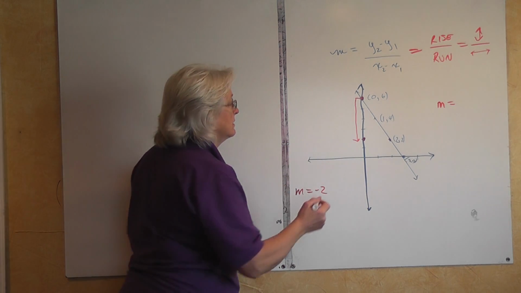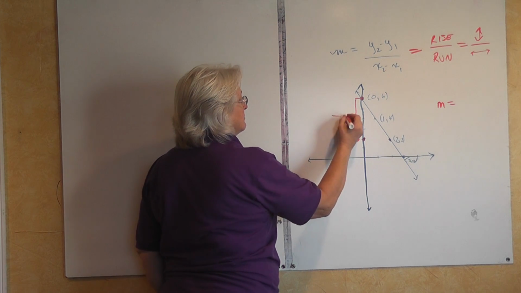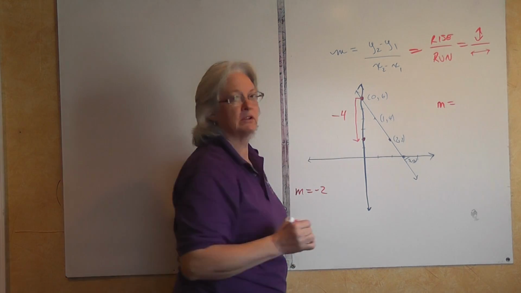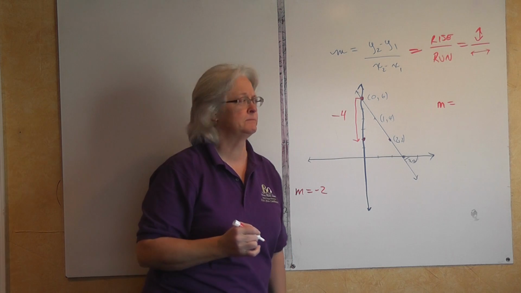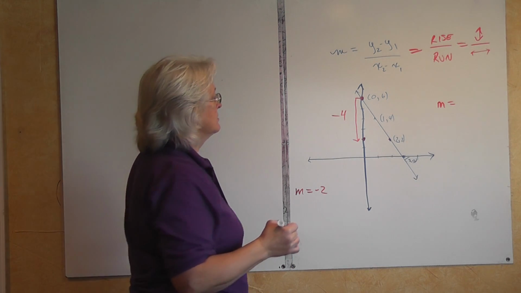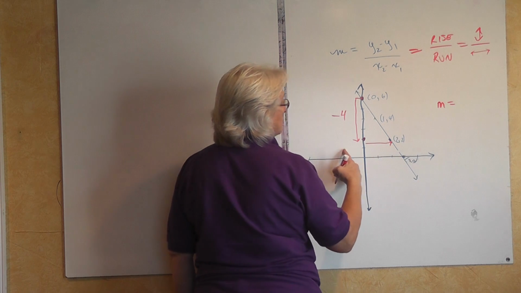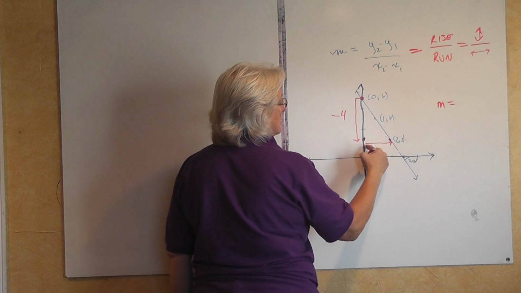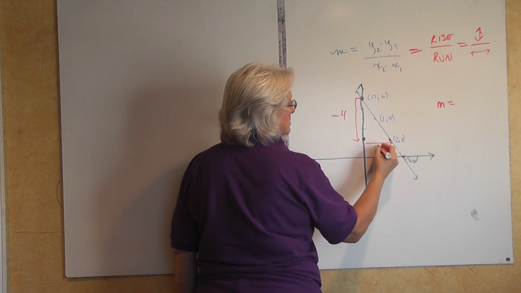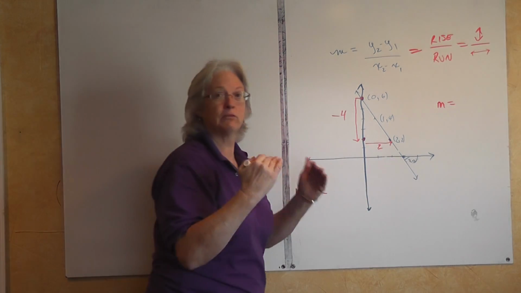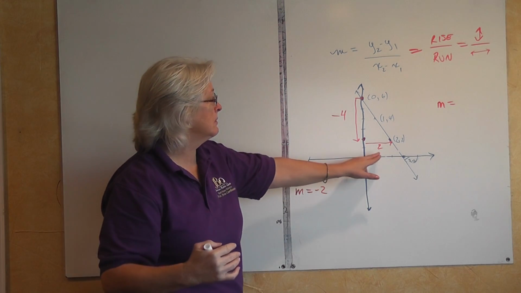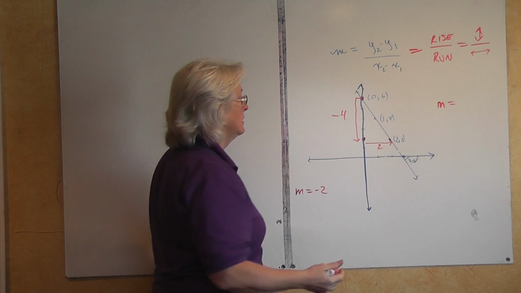Because we're descending, that's a negative vertical change. We've gone down negative 4 units. What's our horizontal change? Well, we have progressed from 0 to 2, 1, 2, in the right-hand direction, in the positive direction, so our horizontal change is a positive 2.